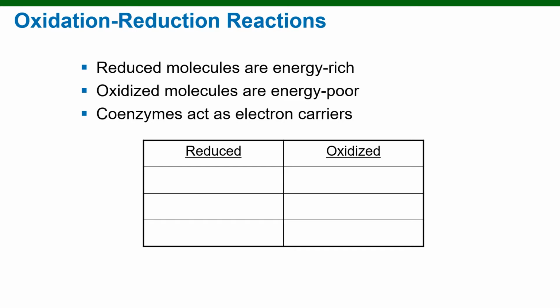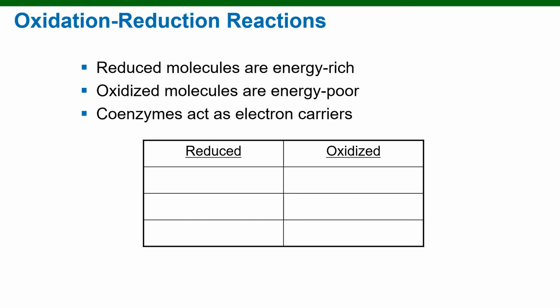Oxidation-reduction reactions are facilitated in part by coenzymes that act as electron carriers. In an earlier slide, in part 1 of this lecture, I talked about a list of coenzymes that function as electron carriers.